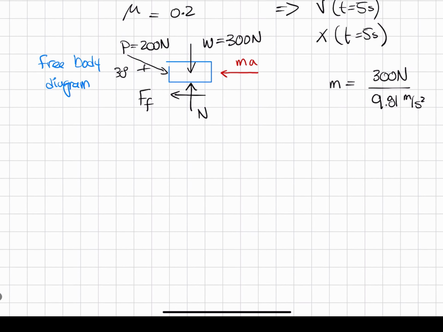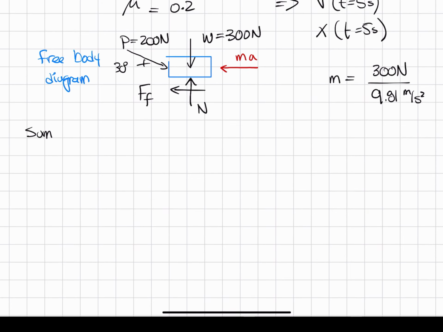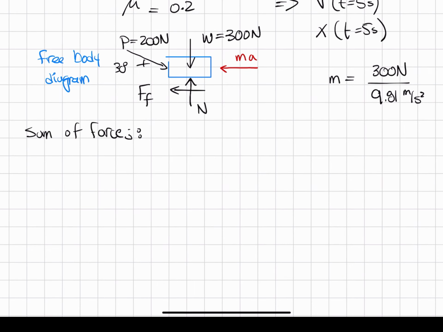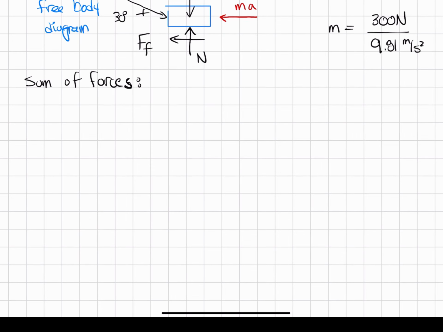Okay, so we have our free body diagram. Now we want to sum up all the forces. So this is the sum of forces. We said that we would like to decouple the x and y directions. That's a benefit that this method offers.